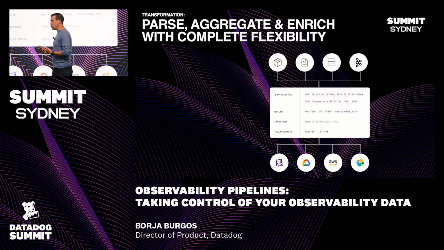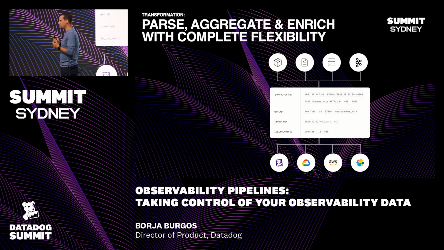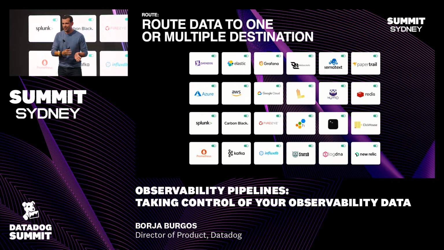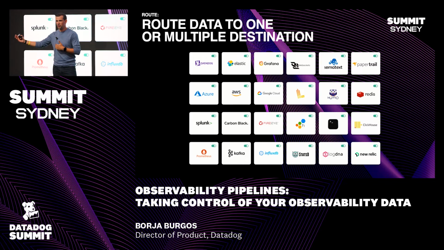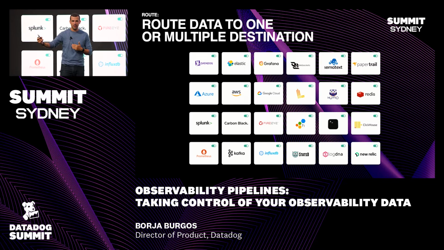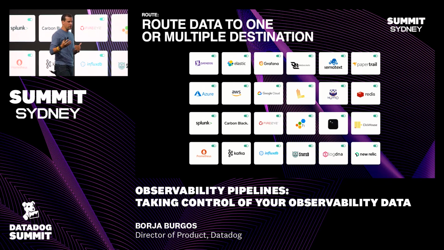The third thing that you want to look at, and also a relatively simple one, is you want to make sure that as you collect and transform the data, it can be sent to the tools that your security team, your business team, your developers, your operators, your compliance teams are using.